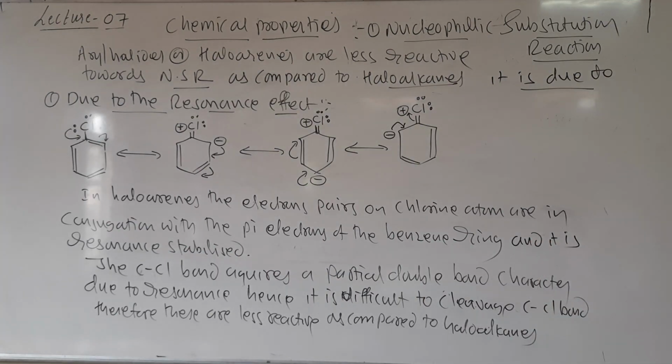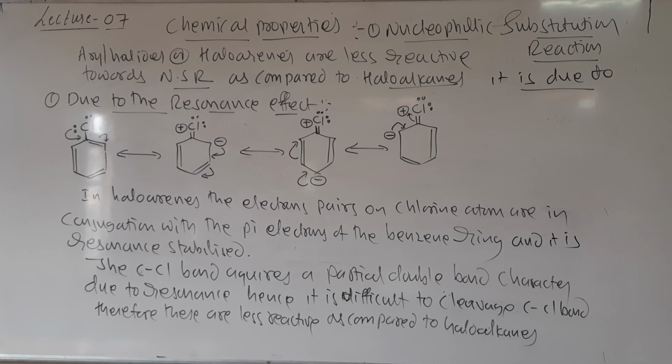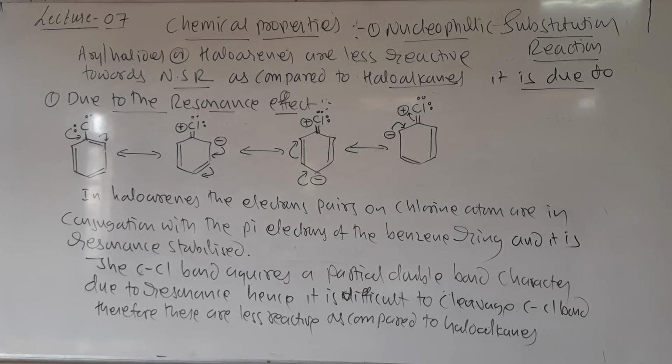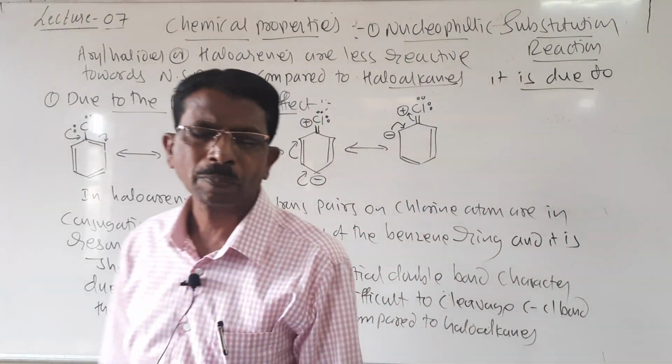In haloarenes, the electron pairs on chlorine atom are in conjugation with the pi electrons of the benzene ring, and it is resonance stabilized. The C-Cl bond acquires a partial double bond character, and due to resonance, hence it is difficult to cleave C-Cl bond. Therefore, these are less reactive as compared to haloalkanes.